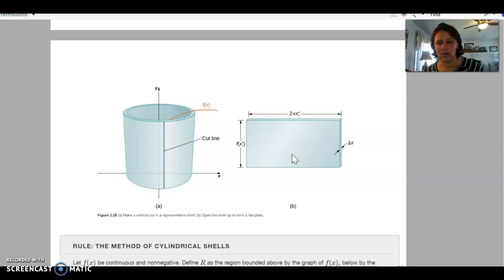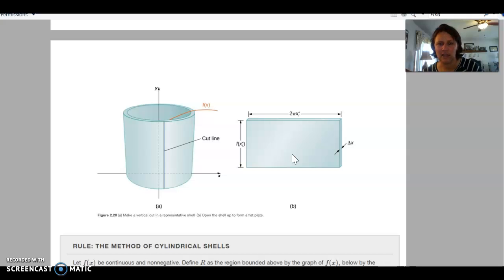This is like when we did nets, is what we called them. If we did a cylinder and wanted to know the surface area, like let's say the tuna can label, you wanted to know what that surface area is.